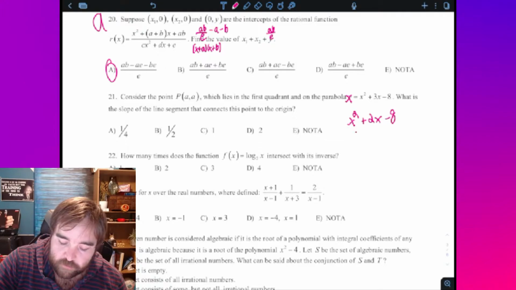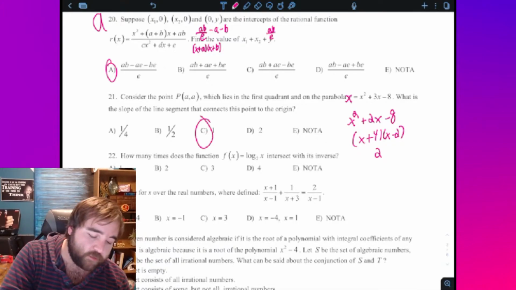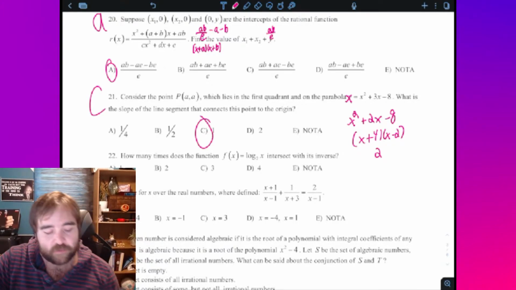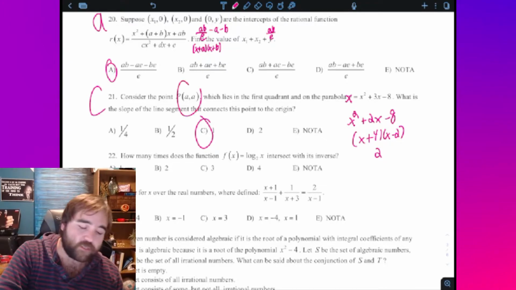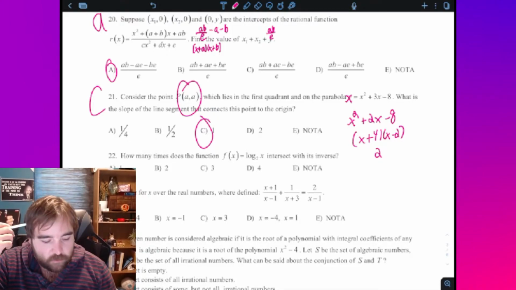It's in the first quadrant, so x is positive. It's x plus 4, x minus 2, which means x equals 2. And what's the slope? Well, the slope is 1 because they're the same anyway. You don't even have to solve for all that, because if the points are the same, then from 0, 0 to AA, what's the slope between those 2 points?